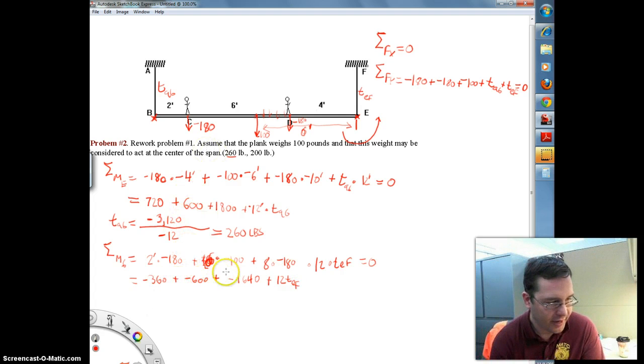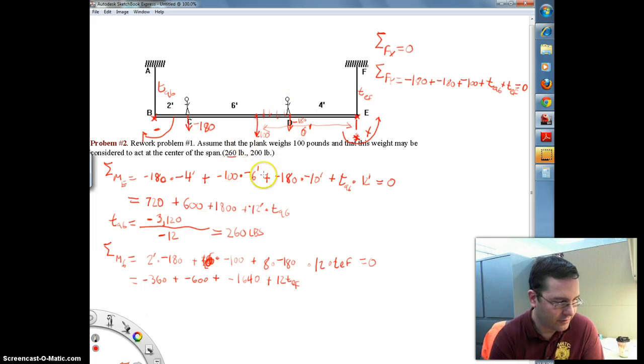And of course, these are all negative moments because if we were to cut wire rope EF, this thing's going to want to pivot in a clockwise direction, which in the Cartesian plane is considered a negative rotation, whereas a counterclockwise rotation would be considered positive.